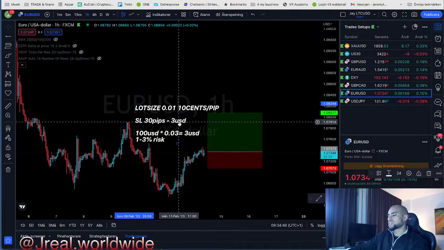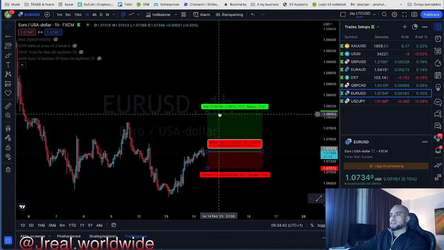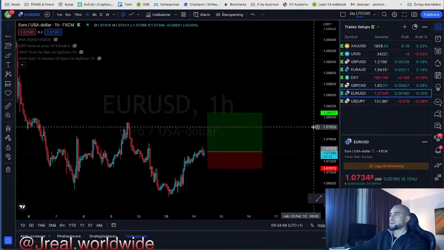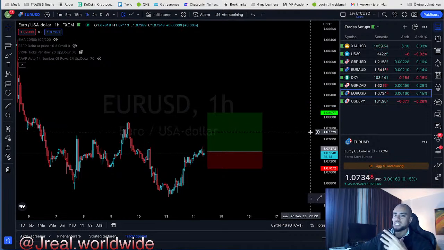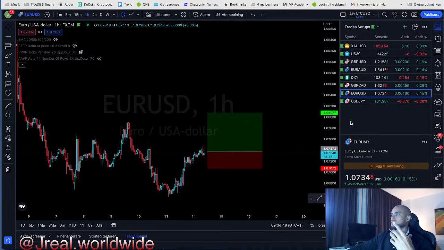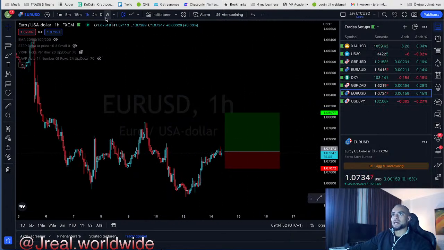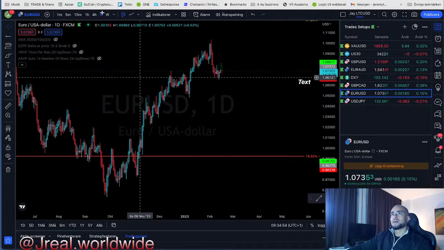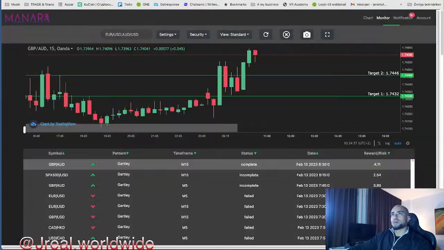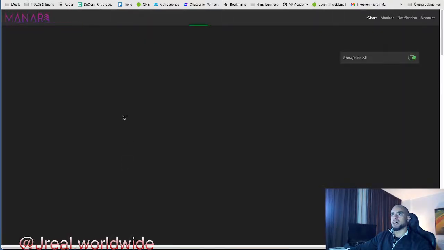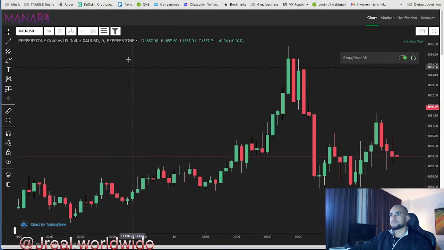So what is interesting for us is currency pairs paired against the US dollar. So Euro USD is of course a very interesting pair to trade, and we've been looking at Euro USD a lot. We're going to do that now as well, but before we do that, we want to see if Manara got something to say on the Euro US dollar.